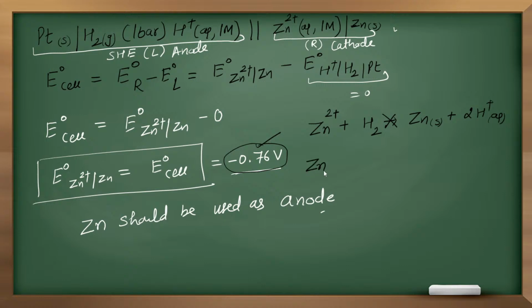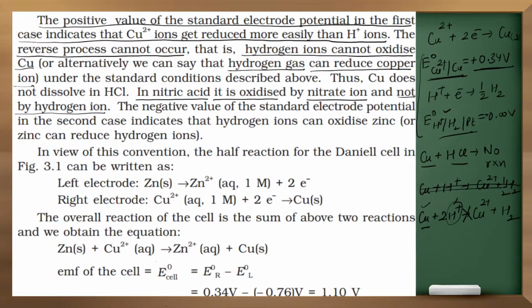Rather, the reaction taking place is zinc plus 2H plus, which means zinc is oxidized by H plus ions. That's what is written: the negative value of standard electrode potential in the second case indicates hydrogen ions can oxidize zinc, or we can say zinc can reduce hydrogen ions.